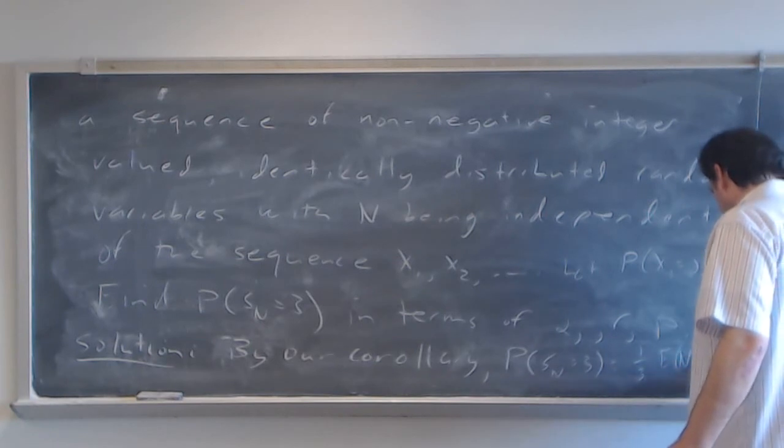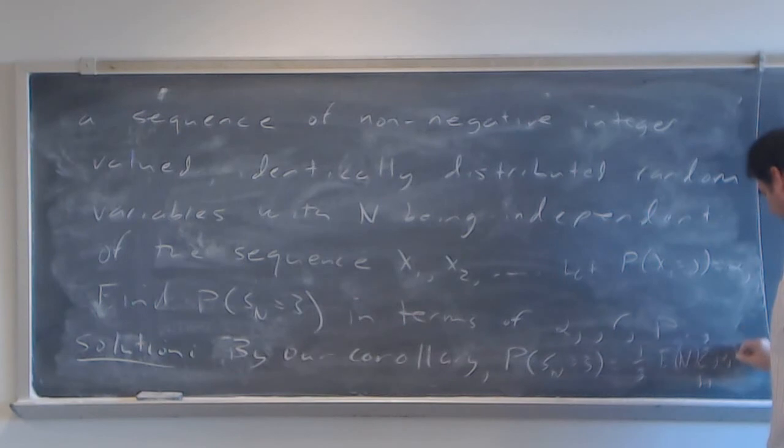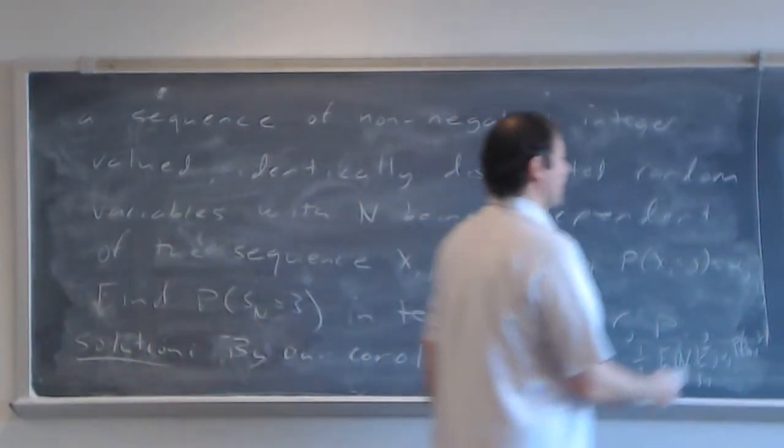So it would be j, alpha sub j, and then the probability that S of n minus 1 is equal to 3 minus j. I know that's not very well written, but that's what it is. Okay, let me expand that.